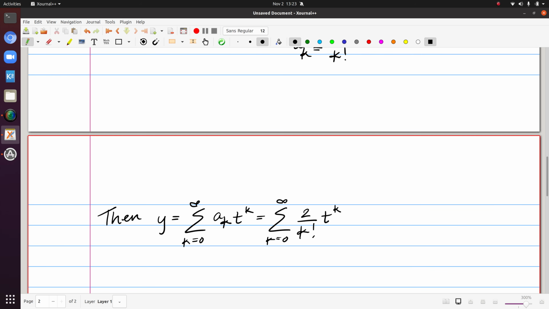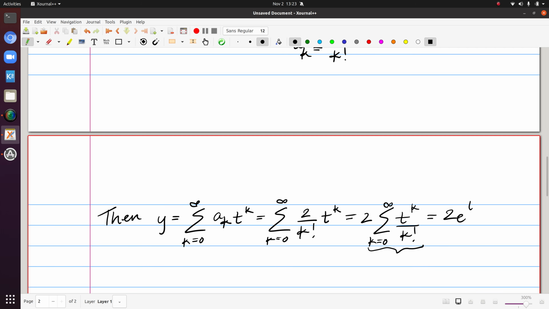And so we think about the Taylor series we've seen, and notice that I could rewrite this as the sum from k equals 0 to infinity of 2 times t to the k over k factorial. And I could bring that 2 out front. And the reason that that's helpful is that this should look familiar. This is the Taylor series centered at 0 for e to the t.